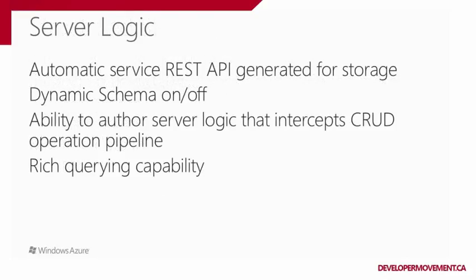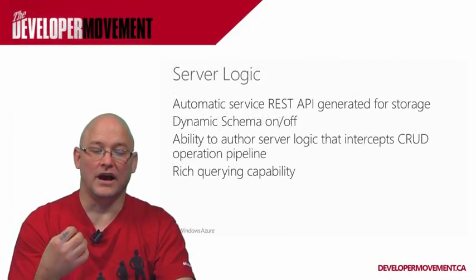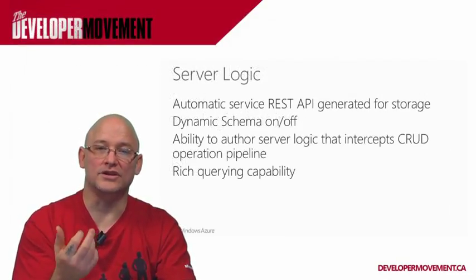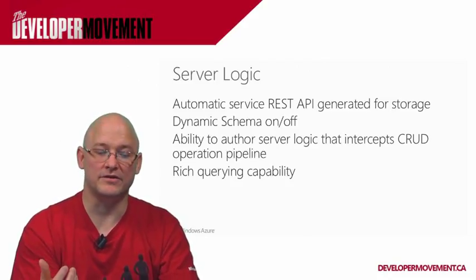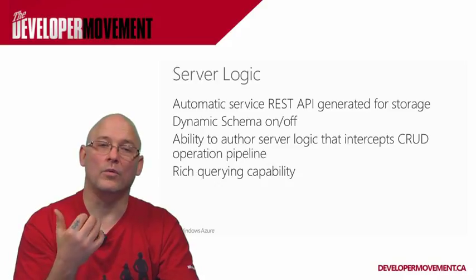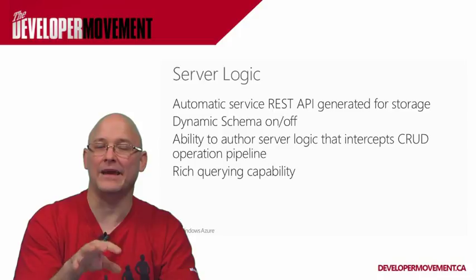Now with Server Logic, you have the ability to go in and do things like validation. You have an automatic Server Logic set up to do the RESTful API, so that's already set up and generated for storage. One of the nice things that you'll see, and we'll go through that in a couple of minutes, is that you have a dynamic schema.